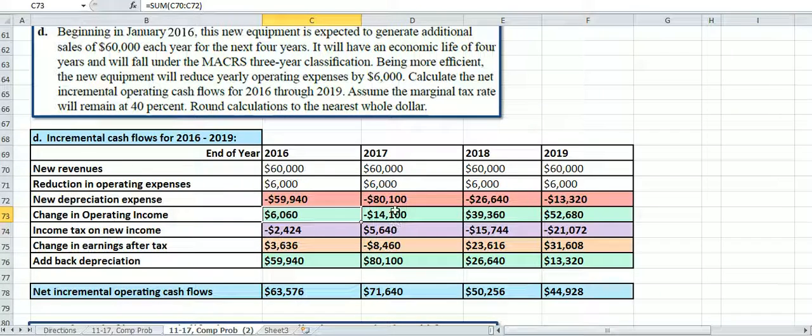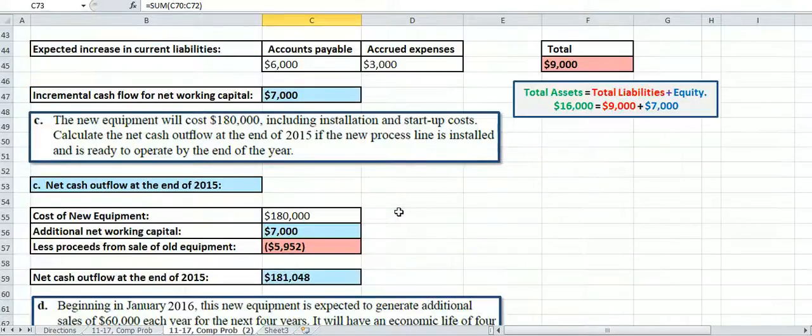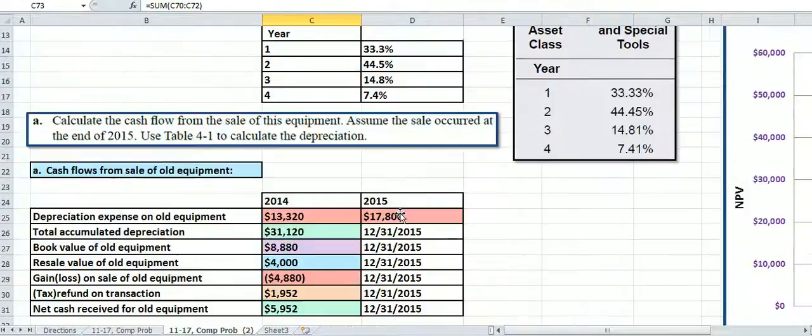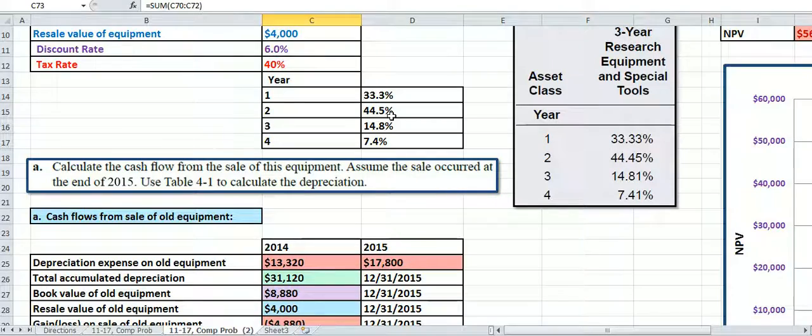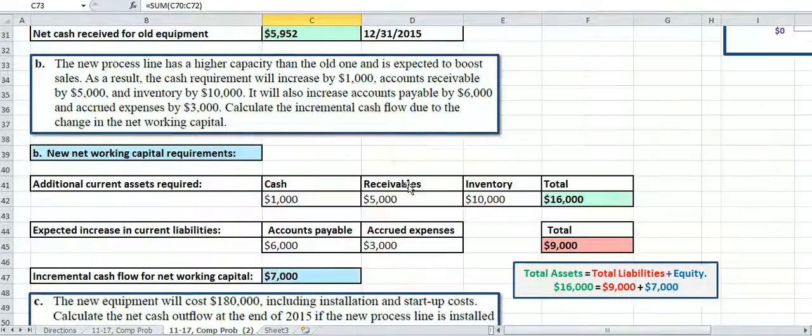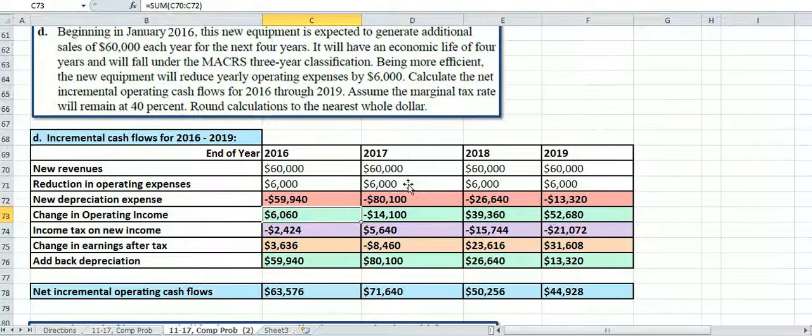Now, when it's a negative, because this percentage in depreciation is so high, 44.5% in year 2, we actually have a negative change in operating income of negative 14,100. So that's going to give us a tax refund.